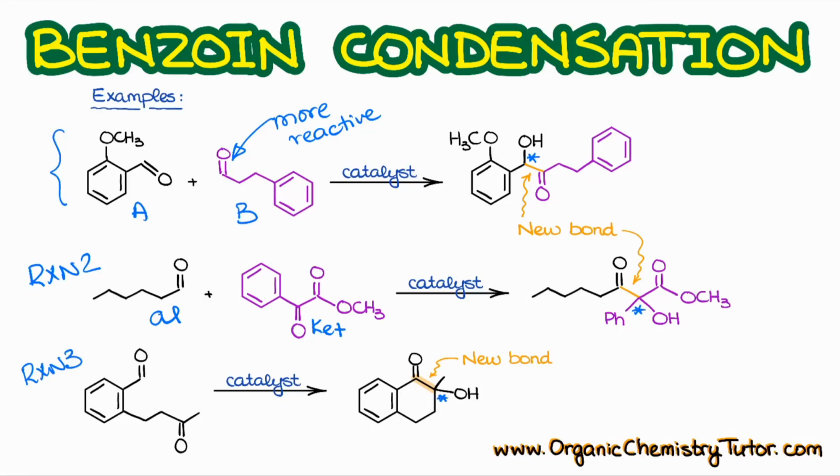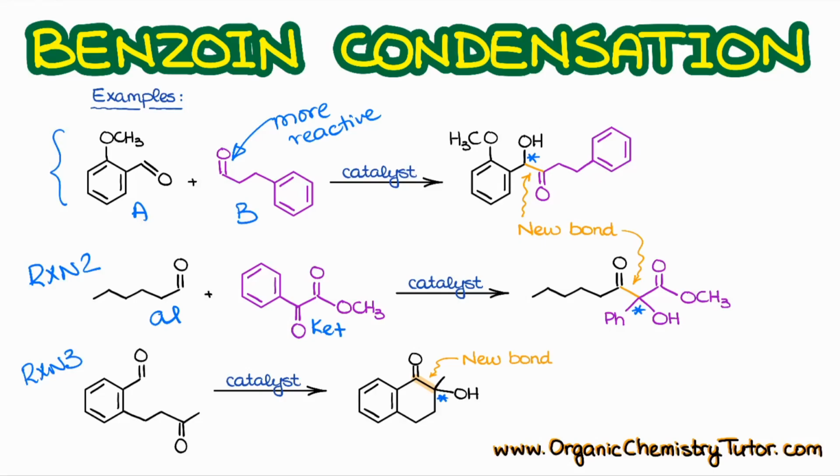So using the chiral catalyst instead of just a regular cyanide can potentially give us one stereoisomer versus just a 50-50 mixture of both possible ones, which can be vitally important for medicinal chemistry and synthesis of biologically active molecules as well. And this reaction generally is an equilibrium, so that's another thing that I want to point out here.